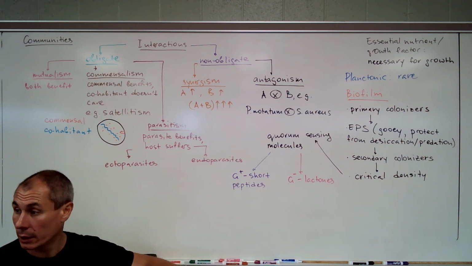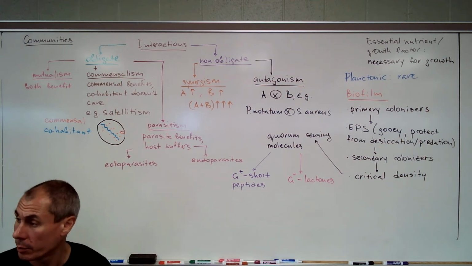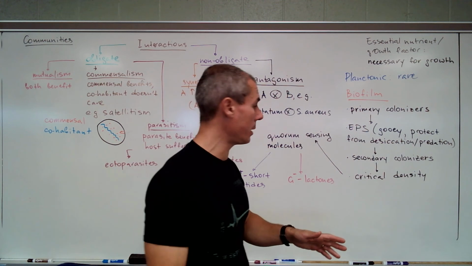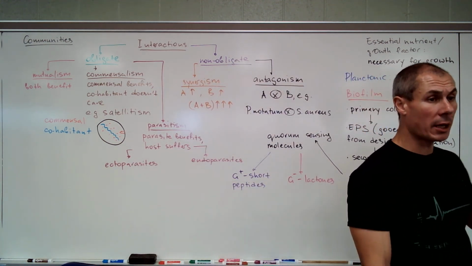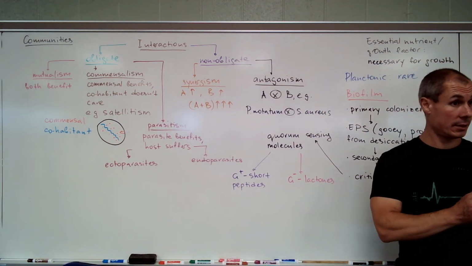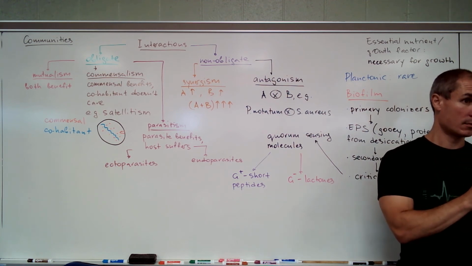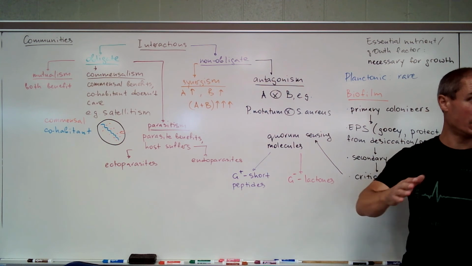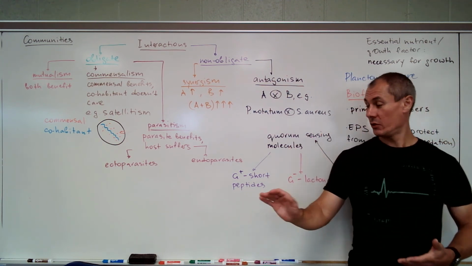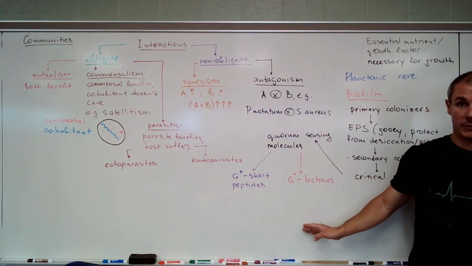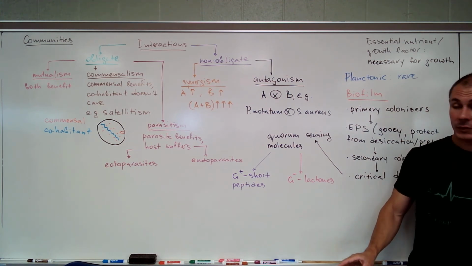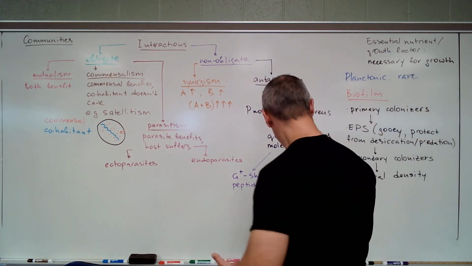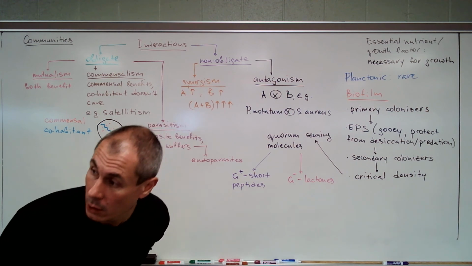Now, frankly, I don't really care about short peptides versus lactones. What I want you to appreciate is that gram-positive and gram-negative quorum sensing molecules are different, which kind of makes sense because they have different envelopes, and in order to get through, they have to have different structures to cross the envelope. Does that make sense? Now, what are the effects of quorum sensing molecules on the population?